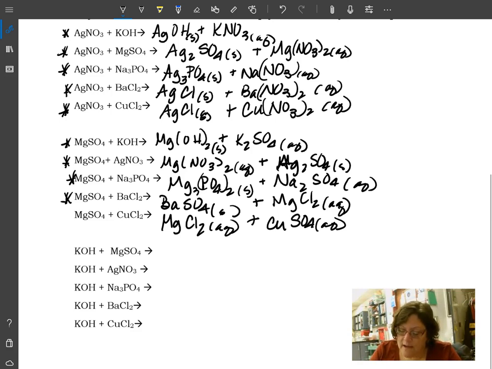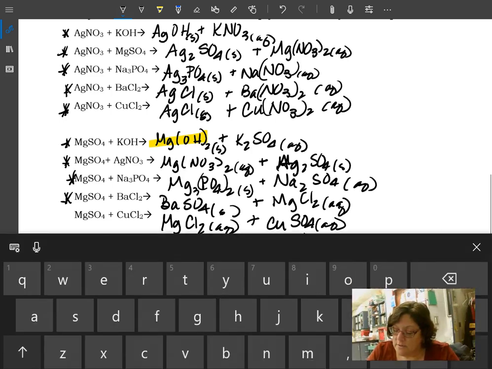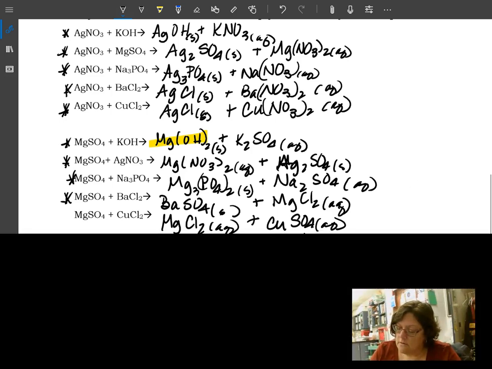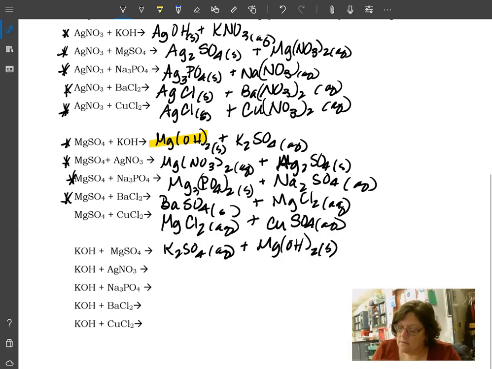The third one, potassium hydroxide and magnesium sulfate. Potassium will bond with sulfate and it will be soluble. Magnesium hydroxide, we already said up in this reaction, would precipitate. Oops, I don't know how I did that. So this one should form.